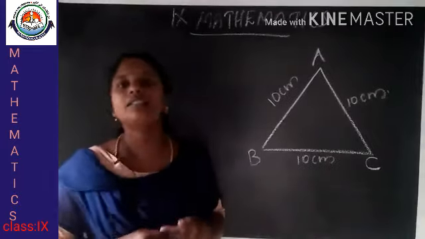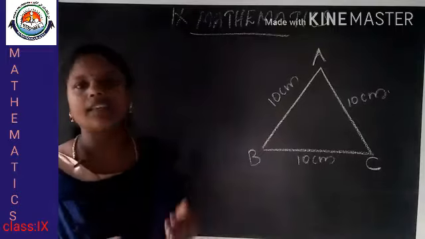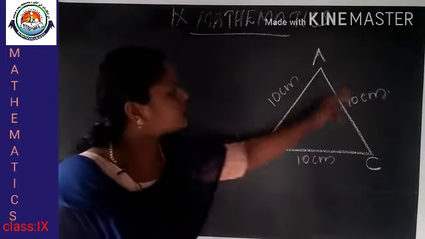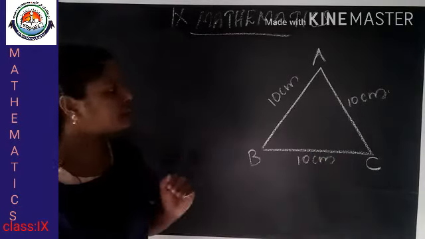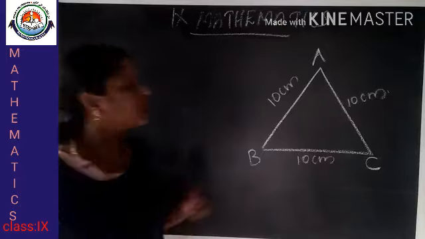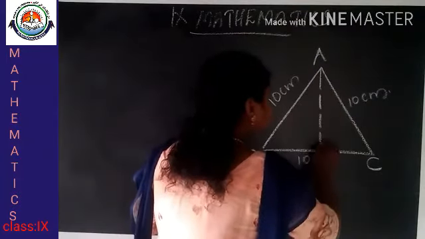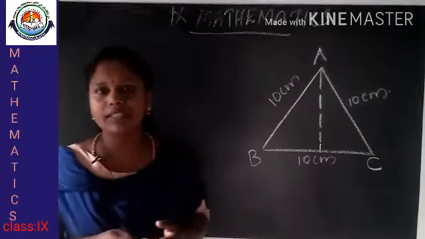Here height is not given. Then how can we find the area of this triangle? Here we know that all the sides are 10 centimeter, and it is an equilateral triangle. So we can take its height. Height means median and altitude, we already studied.